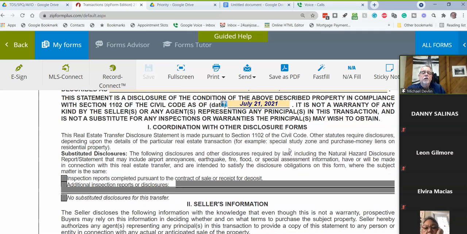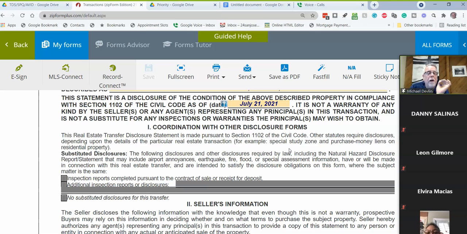Now, look at substituted disclosures. I really haven't even thought about this subject, and I was hoping you guys could sort of drag me through the form. It says coordination with other disclosure forms. All right. Maybe that's an important paragraph. It says the transfer disclosure statement is made pursuant to 1102 of the Civil Code. Other statutes require disclosures depending upon the details of the particular transaction.